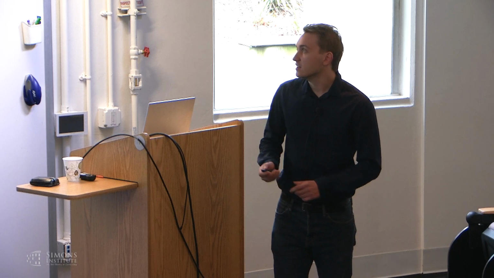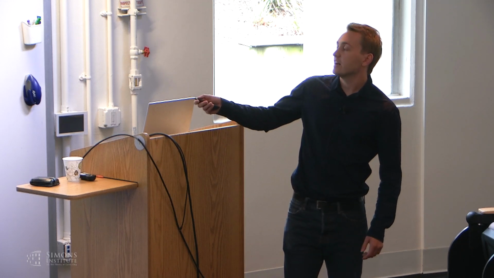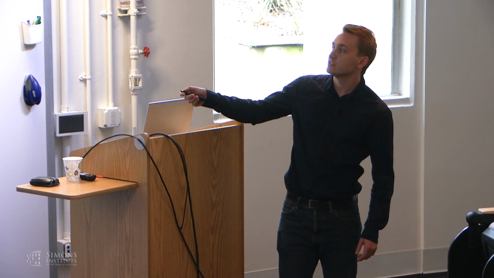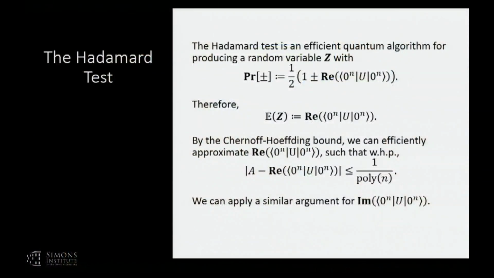Okay, the Hadamard test allows us to approximate these particular amplitudes. It gives us a quantum algorithm where we have one particular bit, and the probability of measuring it up, for example, is given by this formula, and the probability of measuring it down gives the same thing with the minus sign. So the expectation value is just the real part of this amplitude.